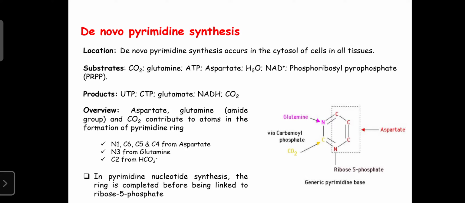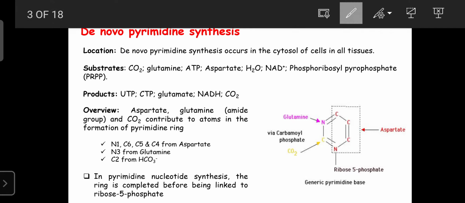That process or pathway is known as the de novo pathway for pyrimidine synthesis. Regarding the location, de novo pyrimidine synthesis occurs in the cytosol of all types of tissues.